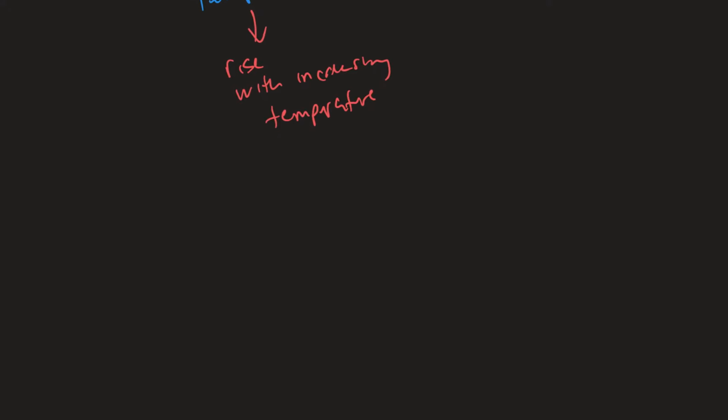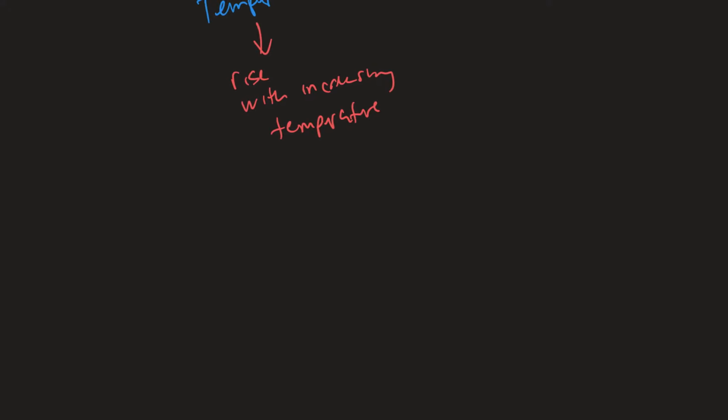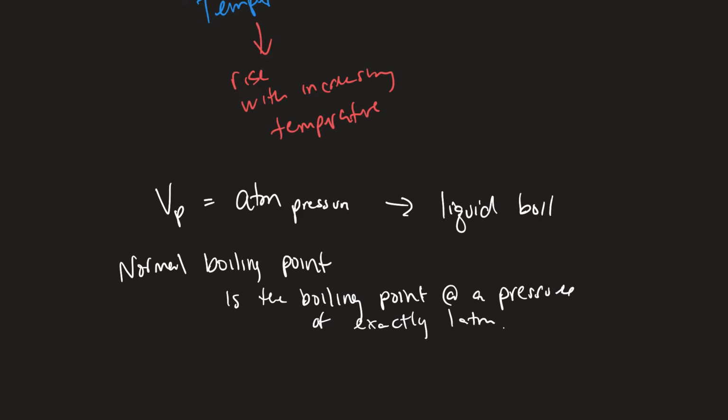Now, when the vapor pressure is equal to the atmospheric pressure, it's at this point the liquid will boil, and boil completely. And lastly, the normal boiling point is the boiling point at a pressure of exactly 1 atm.